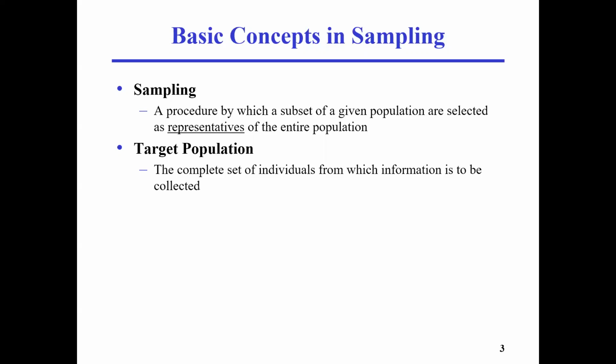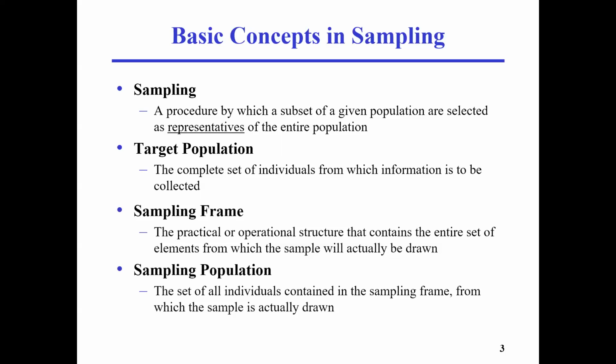Since samples are representatives of the entire population, they have to be representative enough to address the population, right? And then next term, target population: the complete set of individuals from which information is to be collected.